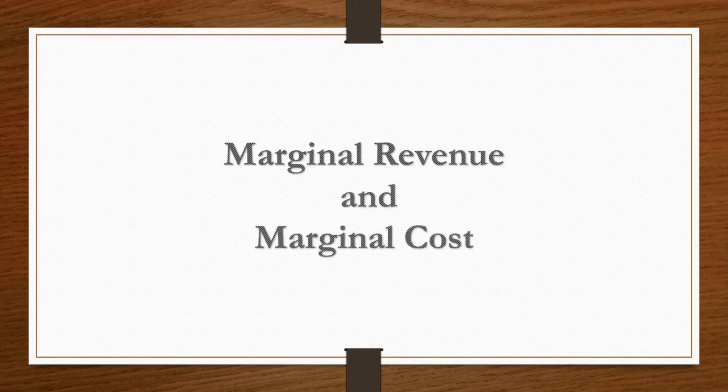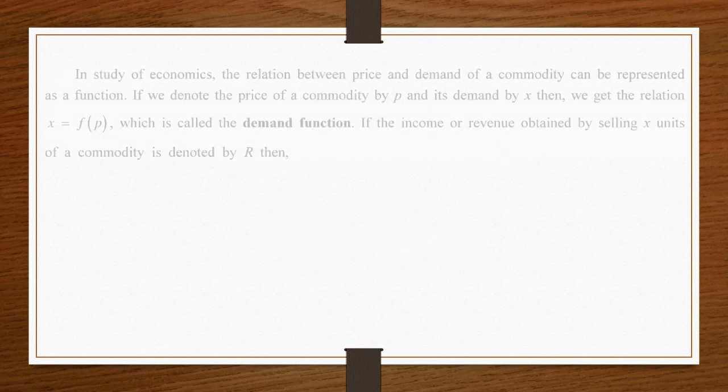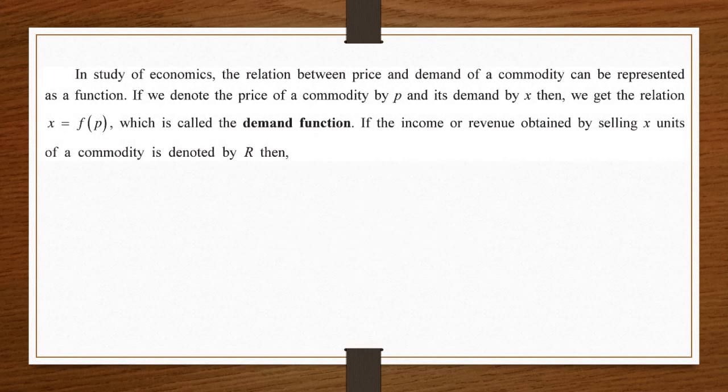Now marginal revenue and marginal cost are concepts of economics and business, but we can use statistical methods to calculate them. If we denote the price of a commodity by P and its demand by X, then we get the relation that X is a function of P, or P is a function of X. That is the demand function.